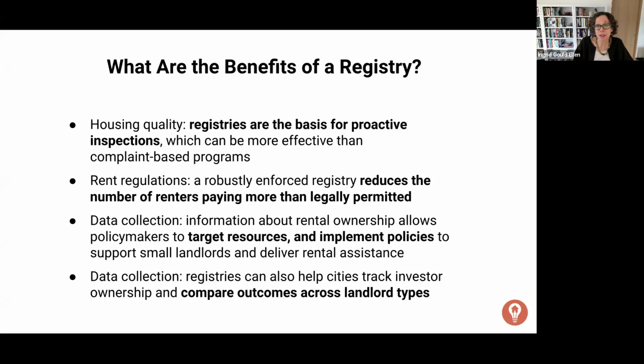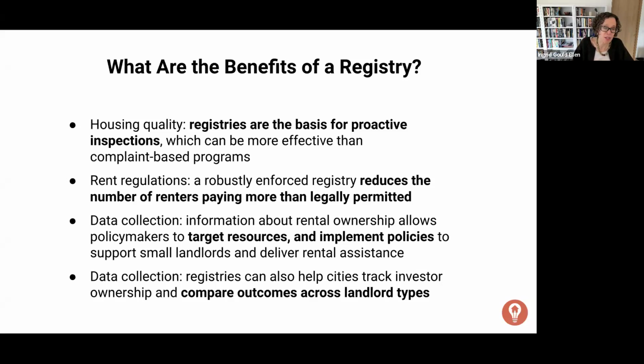Generally, knowing who the owners are is critical to be able to inspect. So it's really the basis for proactive inspections, which can be more effective than just complaint-based programs, and they can be more fair.